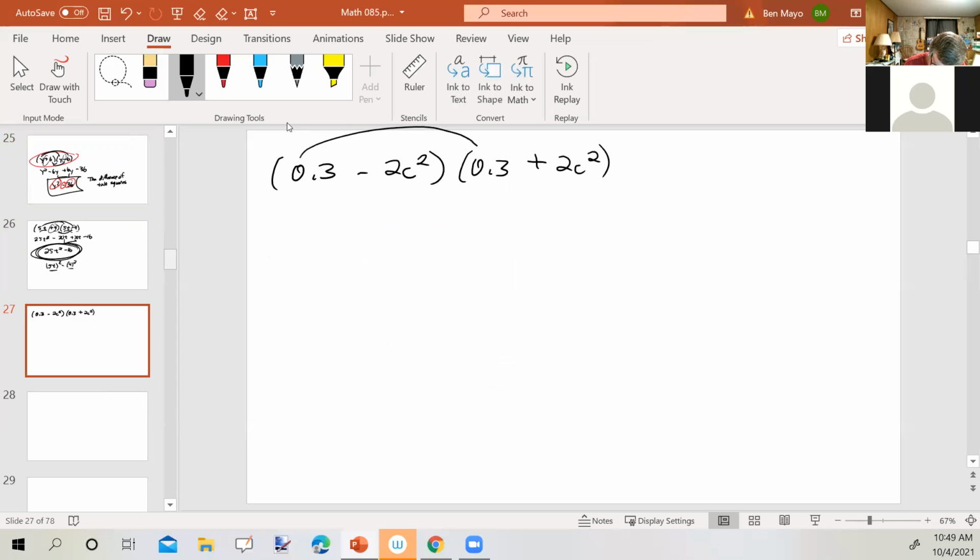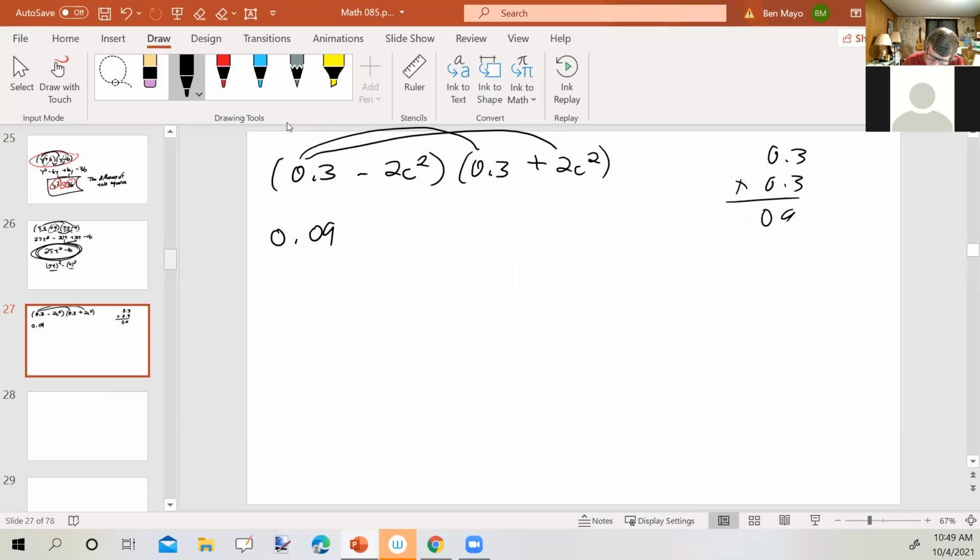Okay, so we're going to get, let's see, 0.3 times 0.3, that's going to be 0.09. 0.3 times 2c squared would be plus what? 0.6c squared. 2 times 0.3, you'd have 6, and then you'd move over one place, so 0.6.